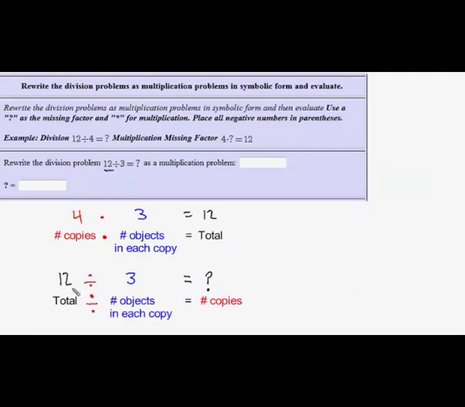If you want, you can think of that as our goal, and we are told how many items are in each of my copies, and then the answer that you're supposed to find is how many copies of that would it take to make that number.